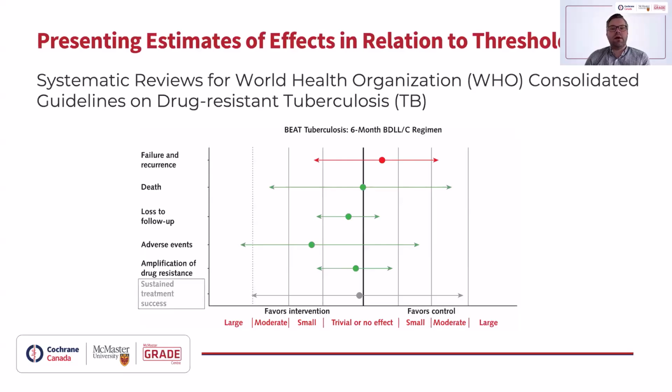This is one example of a figure that could be included within a systematic review for presenting the summary of the effect estimates and the 95% confidence intervals for those pooled effects in relation to the decision thresholds that are set.